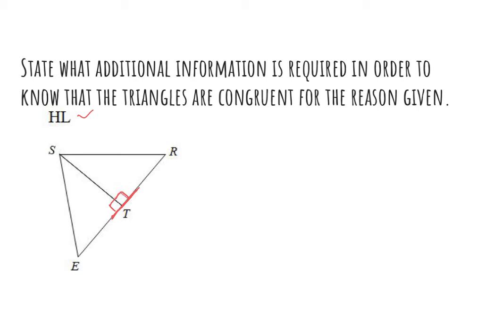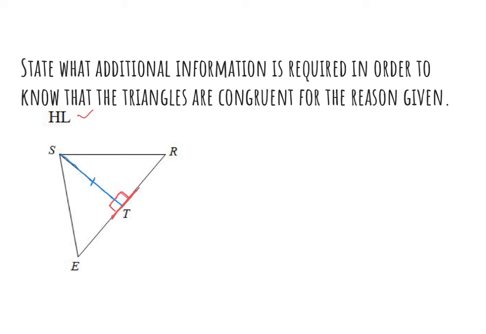Then we are also told, or we can tell from the picture, that this side that's being shared by the two triangles is congruent to itself. Therefore, I do have a side. So the HL depends on the specific sides given, because we call one of the sides a hypotenuse and the rest are legs.